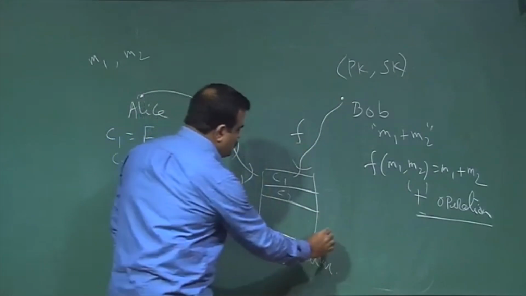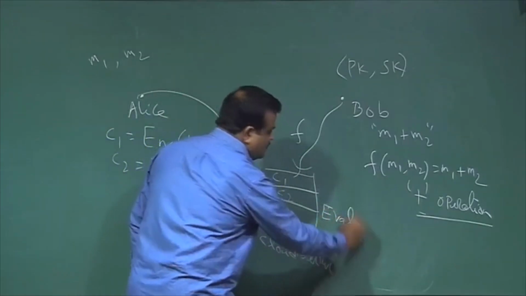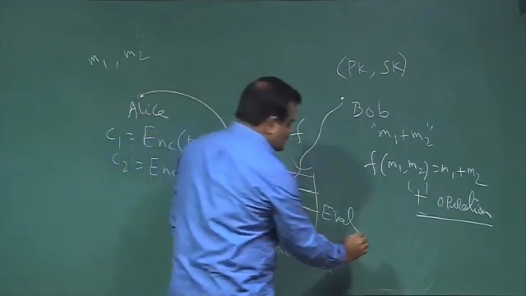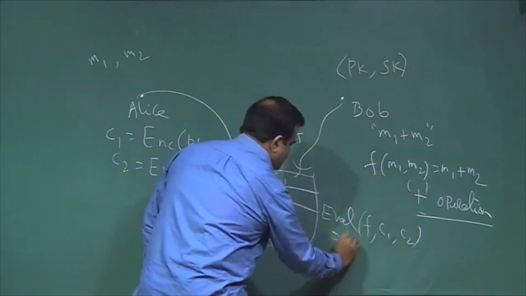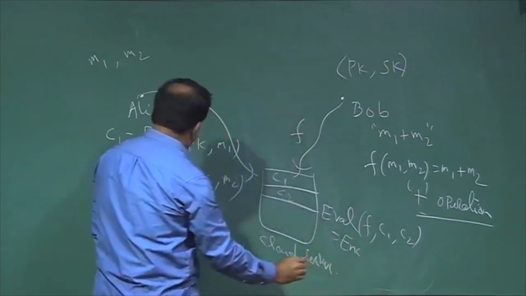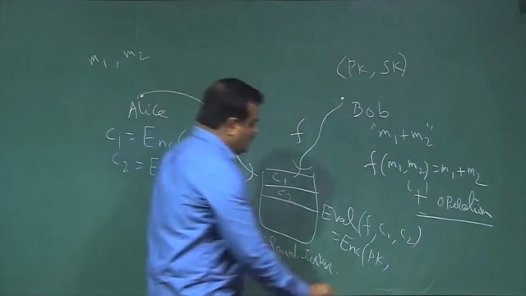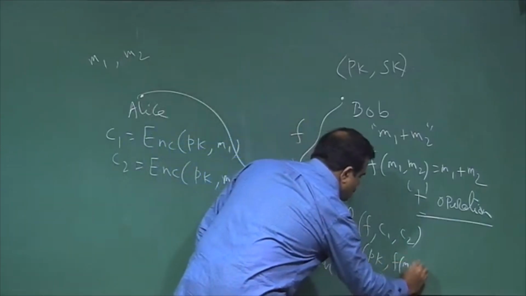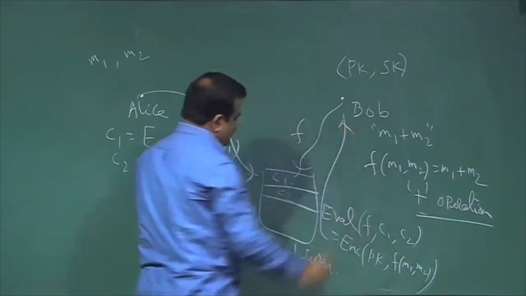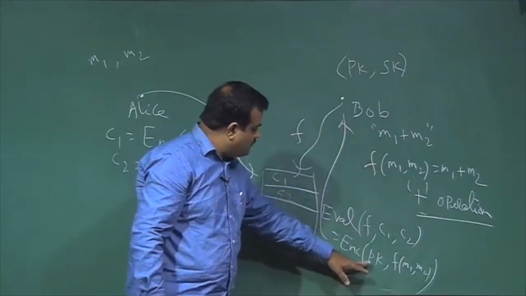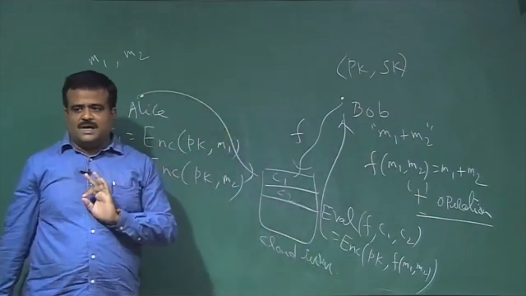Now the cloud should be able to apply some eval operation on C1, C2, and get the encrypted version of f of M1, M2, and then the cloud will send this to Bob, and Bob, having the corresponding secret key, will decrypt it and get M1 plus M2. So this is simply the plus operation.